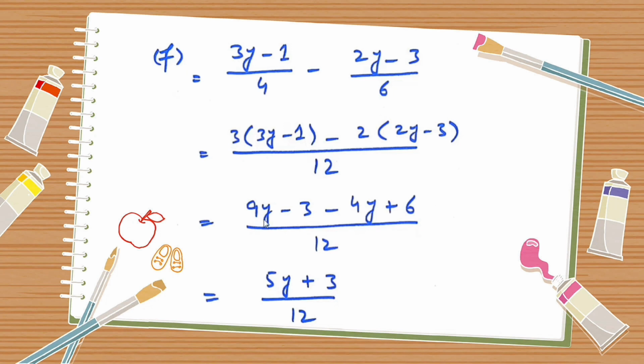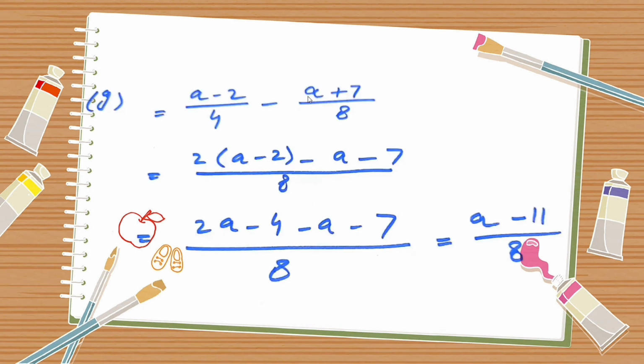So 9y subtracted by minus 4y to get 5y, and plus minus is minus, so 3 is subtracted from this 6 to get the answer 3. But in this case the positive sign was there with the bigger number, so positive 3. Plus 3, 5y plus 3 divided by 12 is our answer.